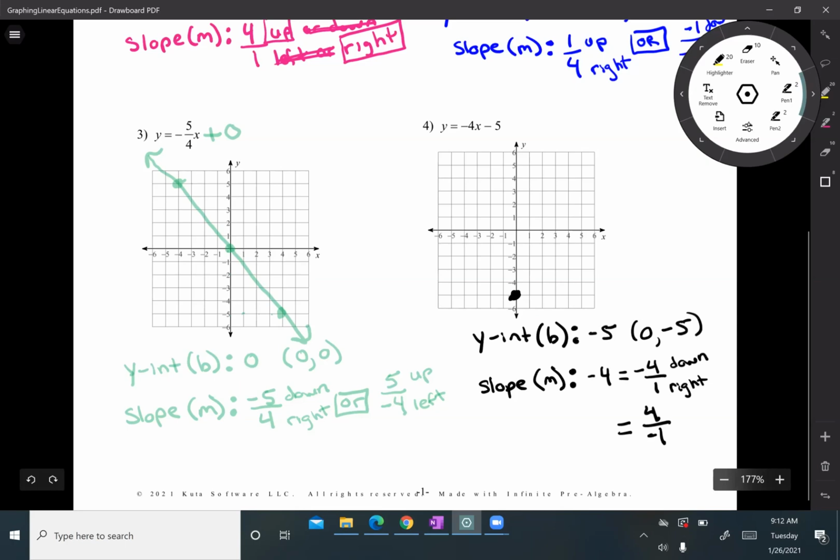So instead of going down to the right, I'm going to go up to the left, and I'm only going to use this slope because the other one goes off the graph. So I'm going to go up 4, left 1. And I could put another point. My line's a little crooked.